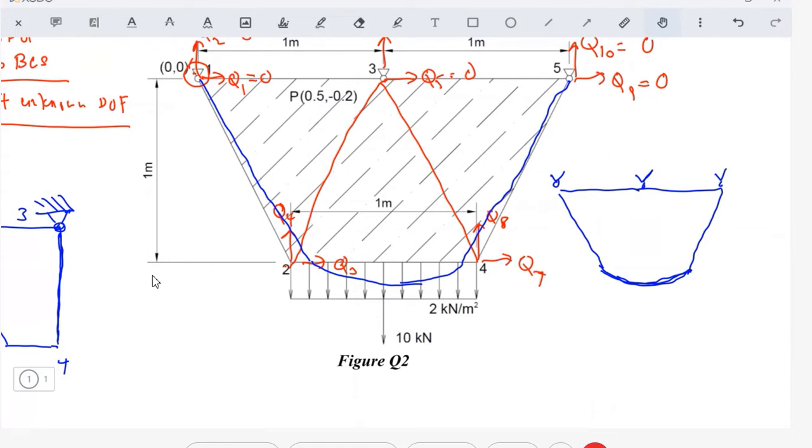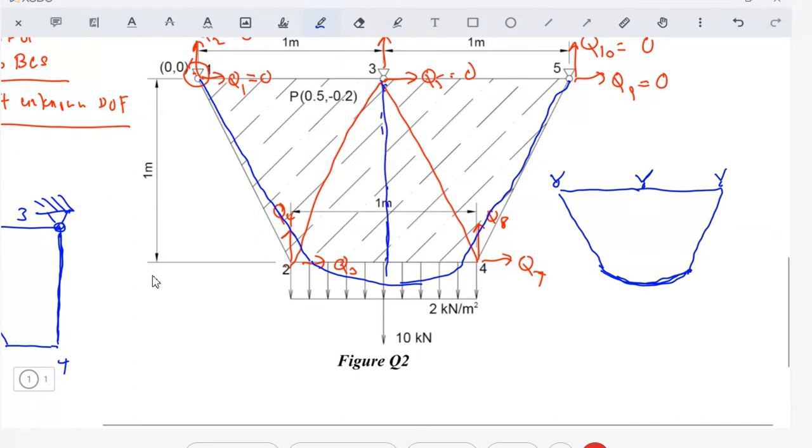And note that this center will expand from this location to this new location here. So it will extend because of the deformation.